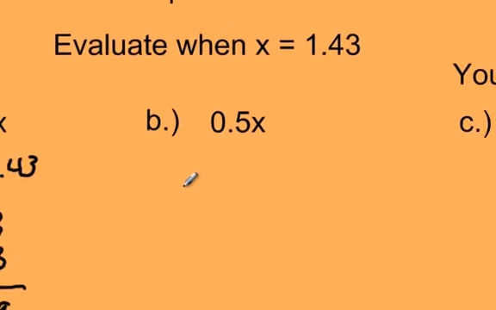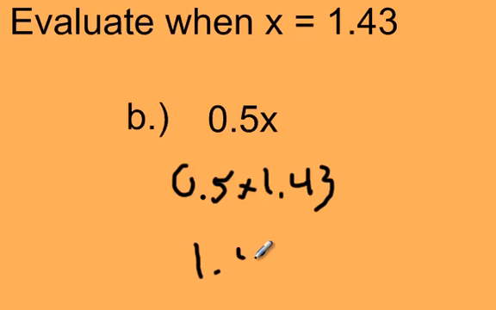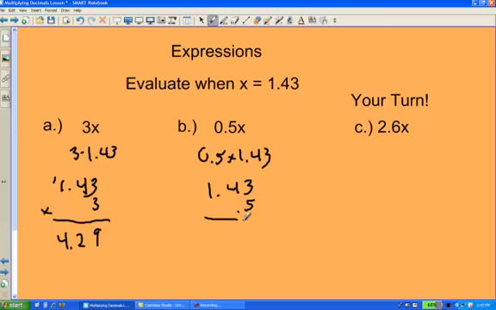B, I have 0.5 times 1 and 43 hundredths. Again, the number with the most digits goes on top. 1 and 43 hundredths goes on top. 5 tenths would go on the bottom. I'm not going to put that 0 because I know I'll multiply it all together and all those numbers will equal 0.